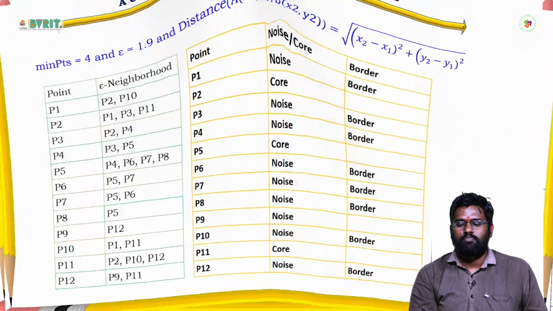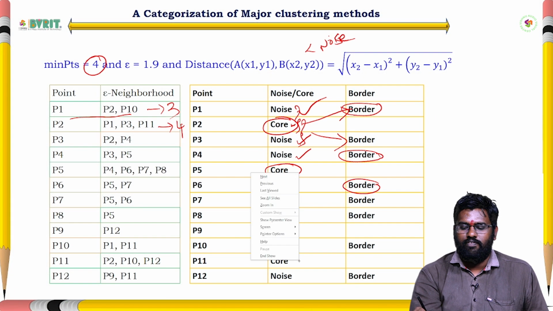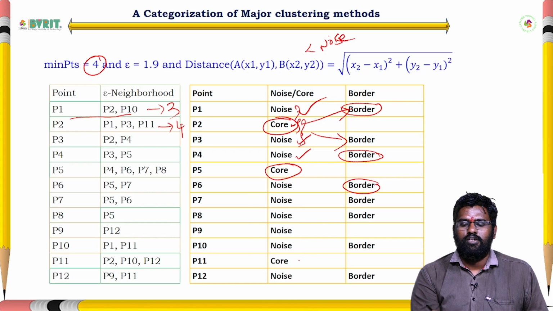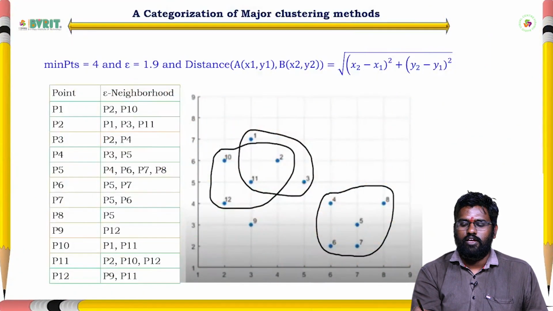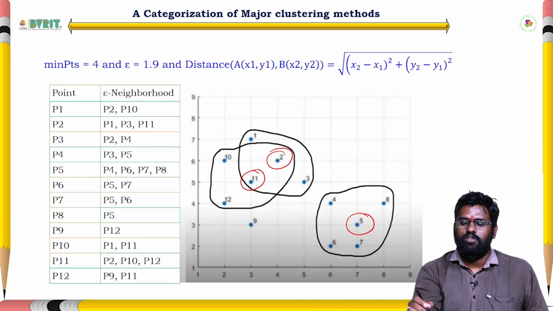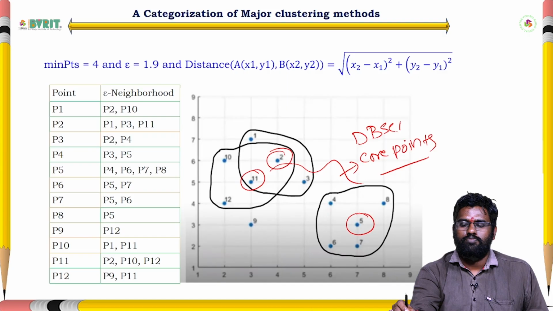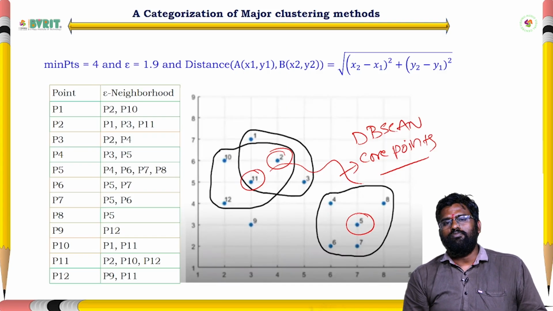In the previous example, the core points are P2, P5 and P11. These are all called core points. Only core points will be shown in the DBSCAN algorithm. Only for those points do we draw the DBSCAN algorithm.